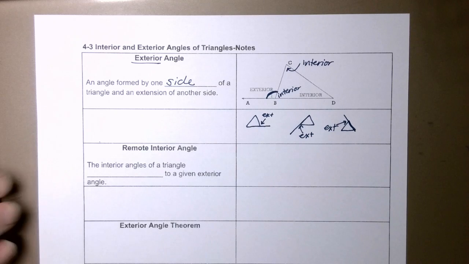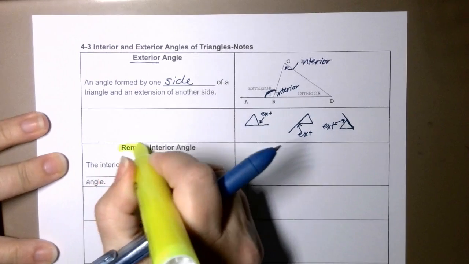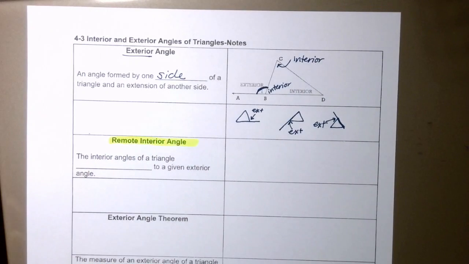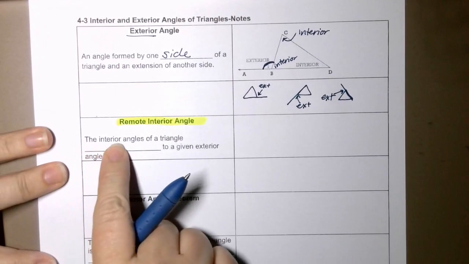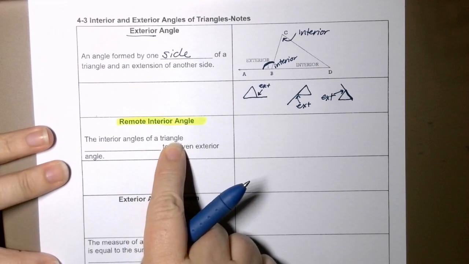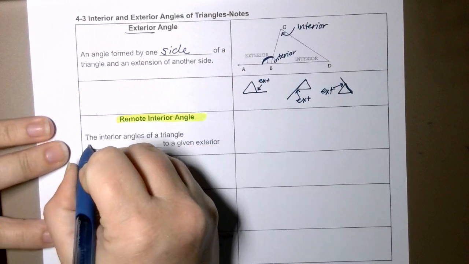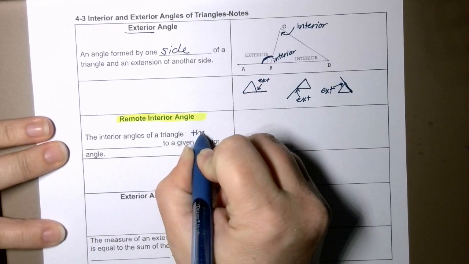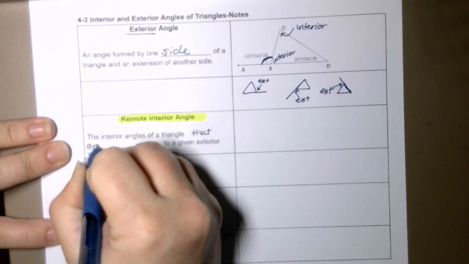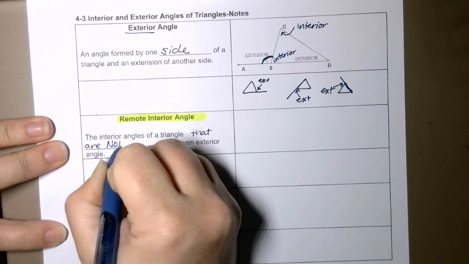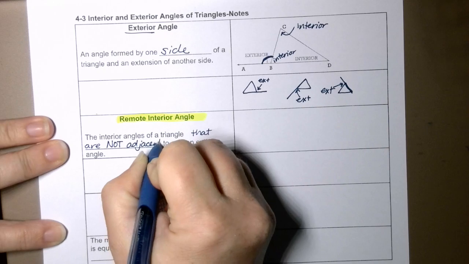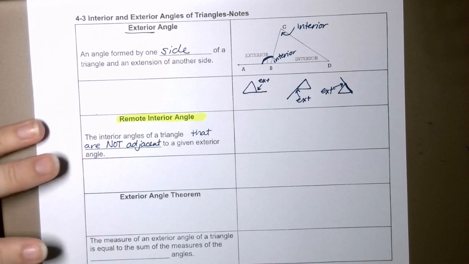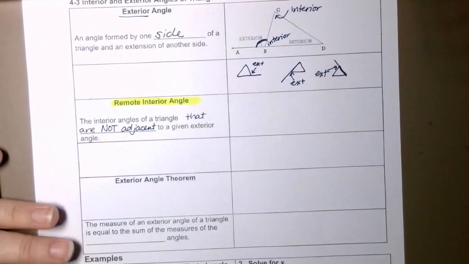Okay. So, our first theorem of the day is the remote interior angle. It says the interior angles of a triangle that are not adjacent to a given exterior angle. Sorry, this isn't a theorem, this is just a definition.